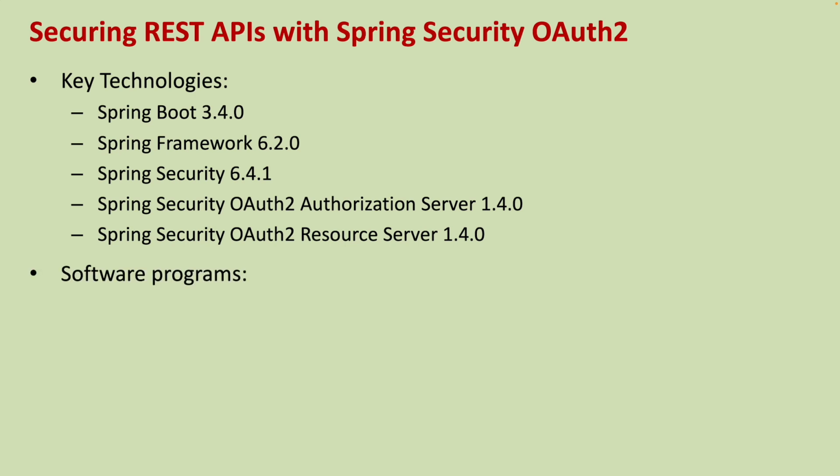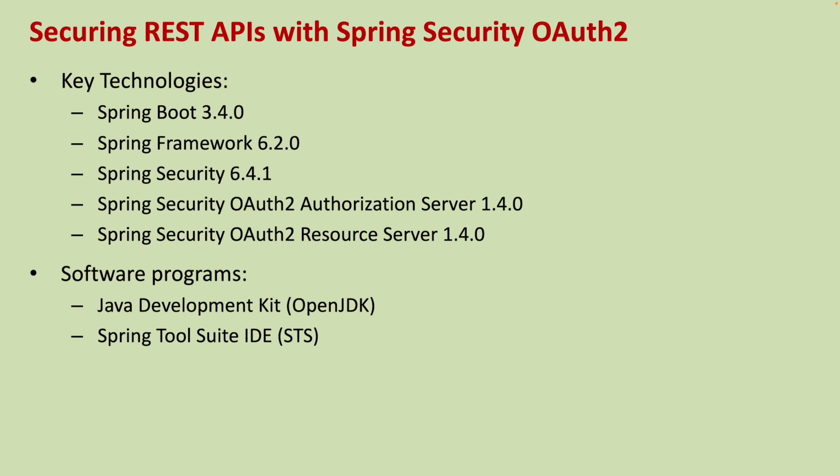The software programs I will use in this video include Java Development Kit, OpenJDK, and Spring Tools IDE, STS. Of course, you can use your favorite IDE. And the Postman desktop application to test the REST API security.